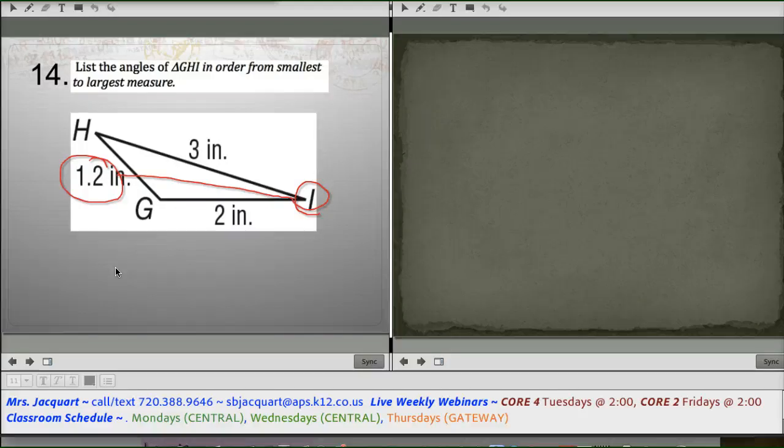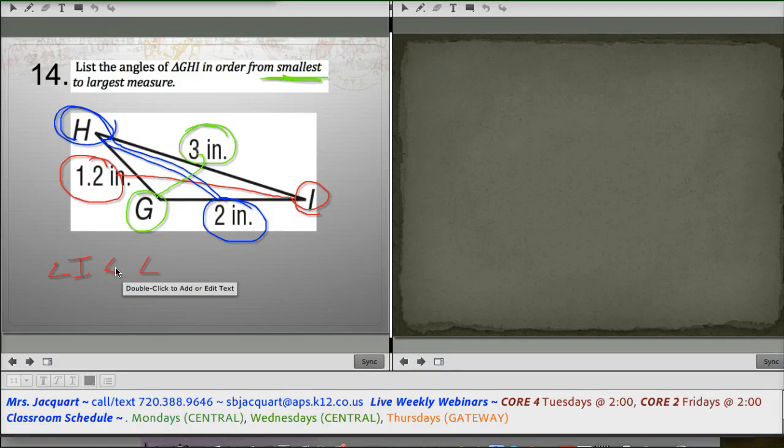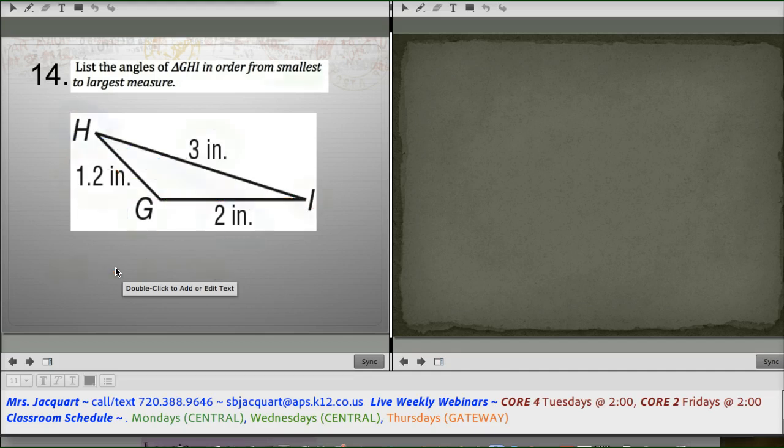And then my medium, which is 2, is going to go to H. And then the largest, which is 3 inches, is going to be to G. So the angles smallest to largest: angle I is less than angle H, which is less than angle G. Let's do measure: measure of angle I is less than measure of angle H, which is less than measure of angle G. Just a lot of similar-looking stuff. Let's put the little arc marks in the angles.